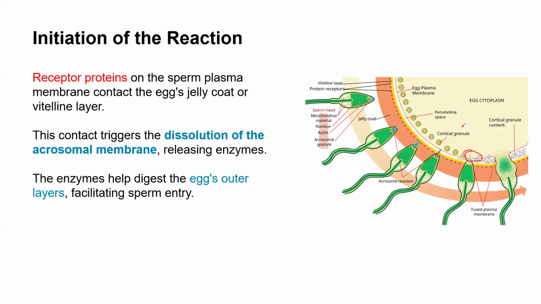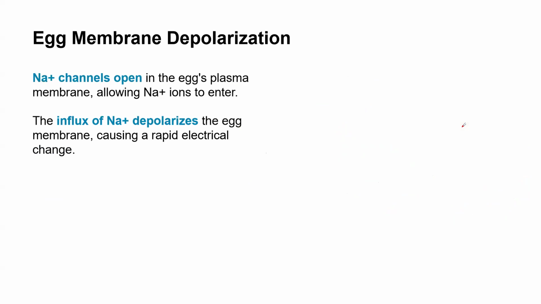So then the next thing after the acrosome reaction is the membrane depolarization. Generally, sodium channels open in the egg's plasma membrane. It actually happens after the sperm cell binds to the membrane of the egg.